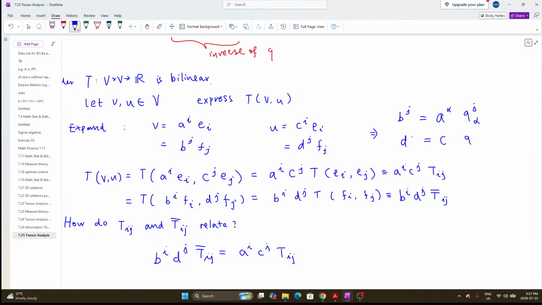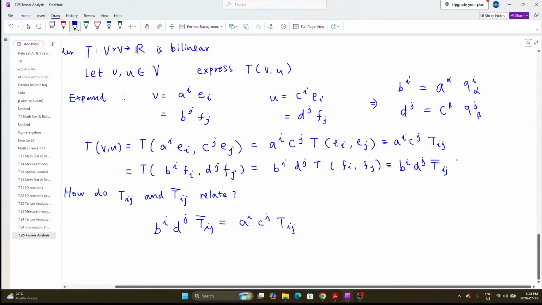Okay, that's nice. And DJ, actually, because of BI, I'm going to use I. So BI is A alpha QI alpha, and DJ is C beta QJ beta. Cool, awesome. And now we can substitute.